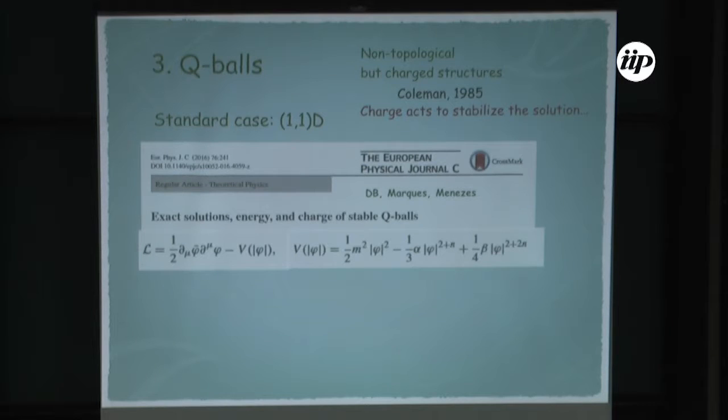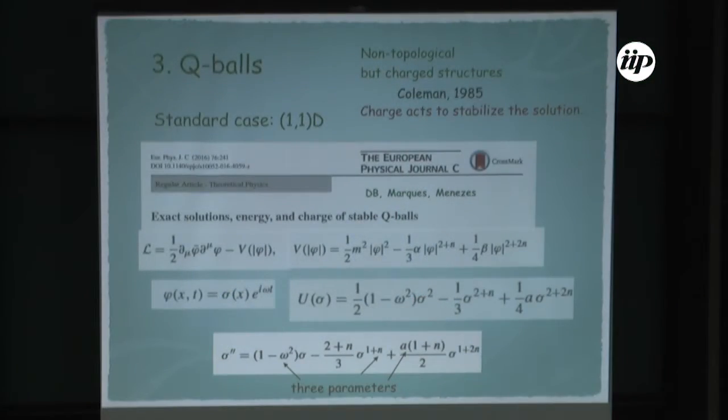This is the charge of my field, and because this is based on a lump-like solution, it makes a Q-ball, and the stability comes from the charge. If the charge of your balls is lower than the charge of the elementary excitation you have in your system, they cannot decay. Because charge is conserved.